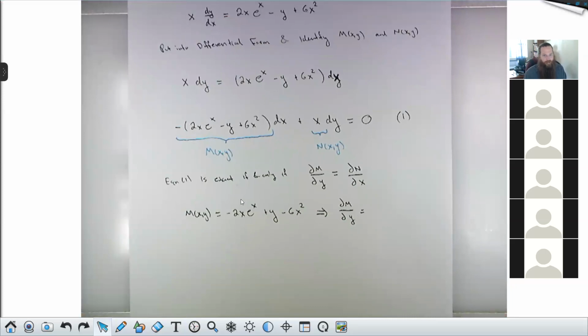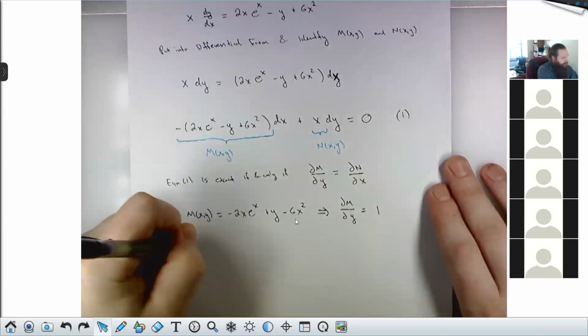Yeah. I'm taking a partial derivative with respect to the variable y, so all the x stuff is treated as constant. This is a constant term, derivative is 0. This is a constant term, derivative is 0. This is the only non-constant term when we're thinking of the partial with respect to y. So dM/dy is 1.